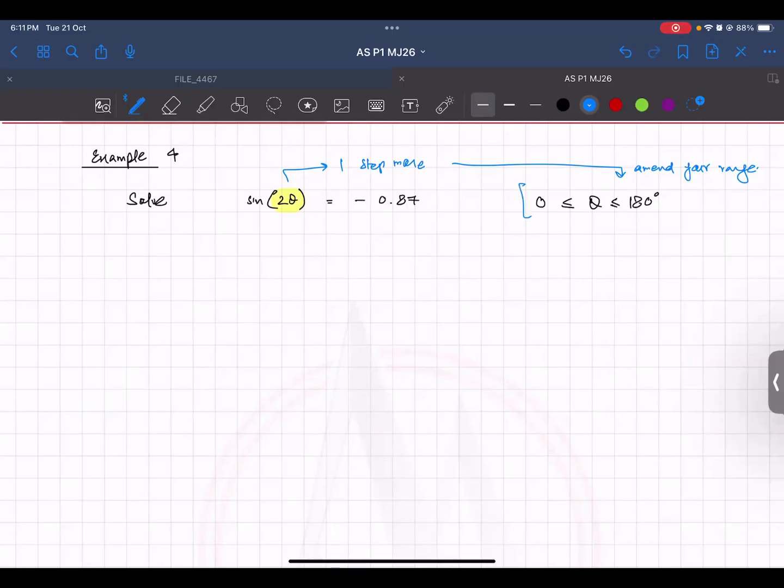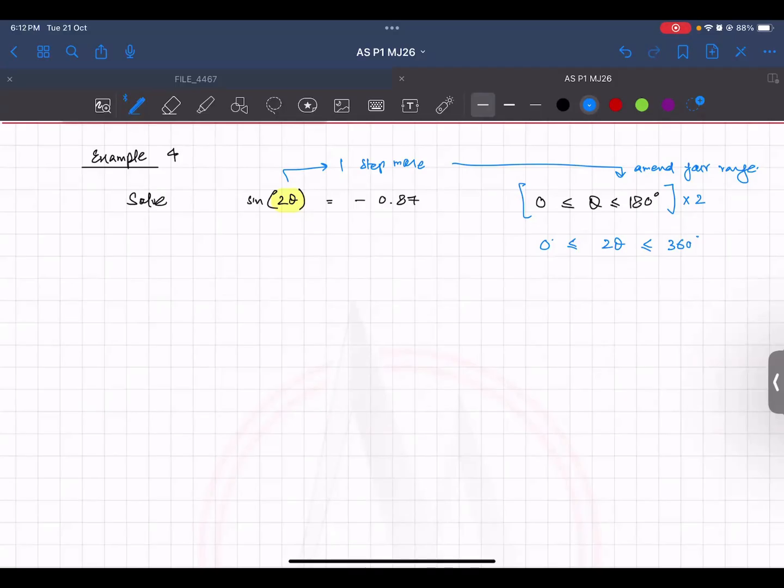So to make this range also 2 theta, I multiply this complete range with 2. So 2 times 0 is still 0. 2 times theta is 2 theta. And 180 multiplied by 2 is 360. So now I know that the values of 2 theta that I can find will be within 0 and 360.